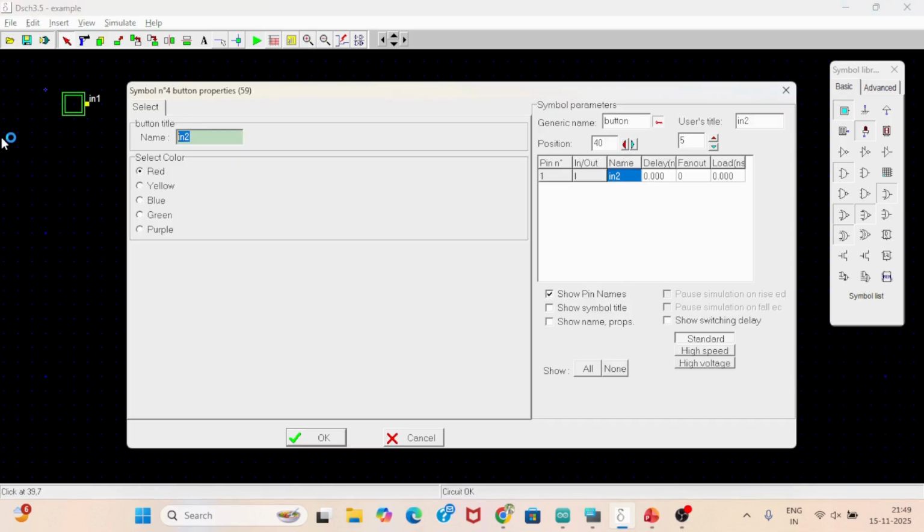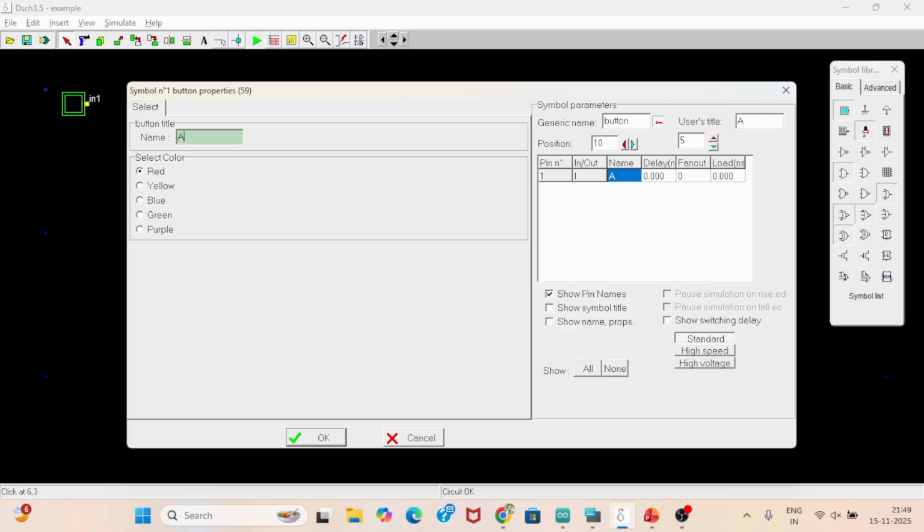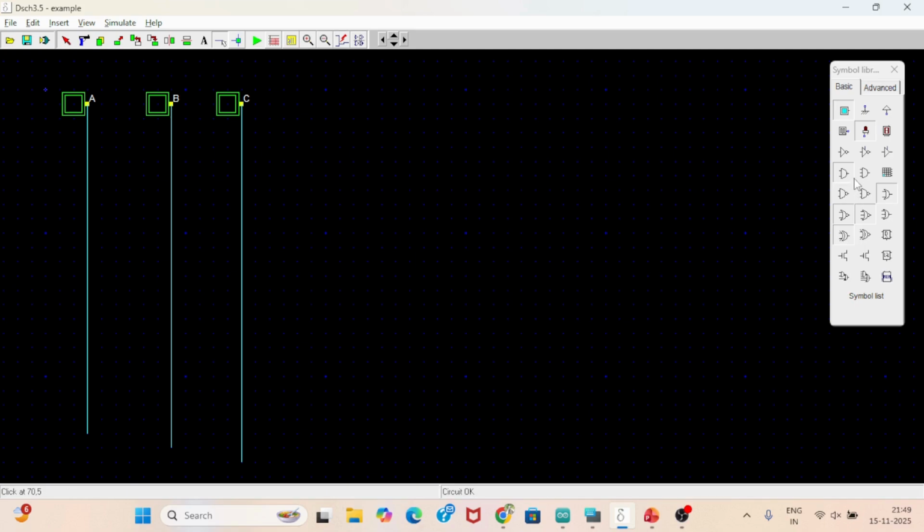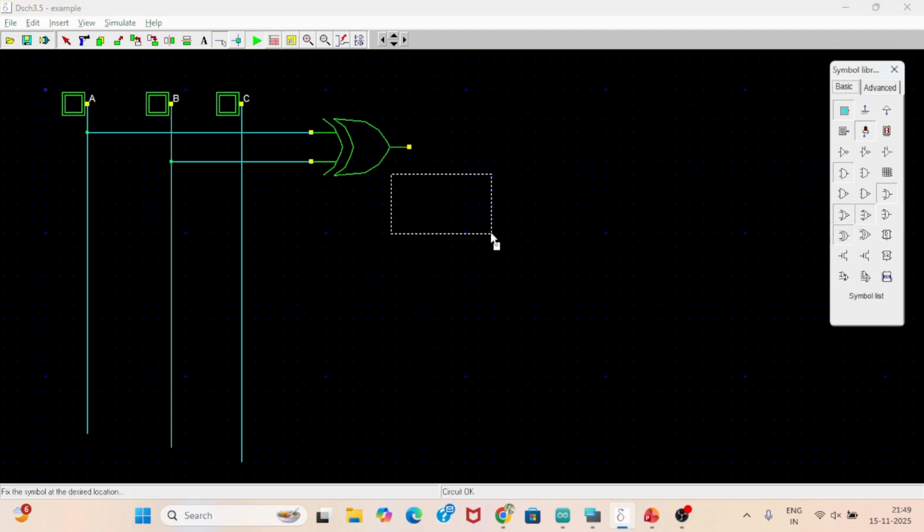Remember to change all the input and output names. There is no 3-input XOR, so I'm taking 2 XOR gates: A XOR B, and the other with C. I connect the output of the first to the input of the second, and the other input to C. This is the difference.